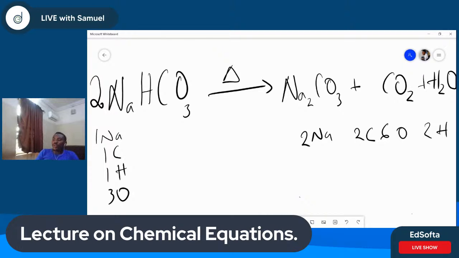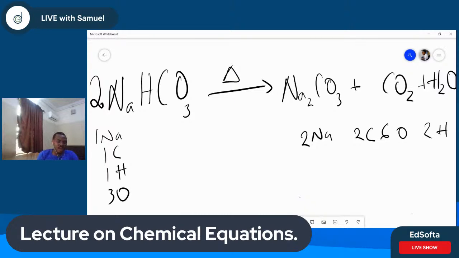So you knowing the formulas, you knowing the symbols of these elements and these compounds, cannot be overemphasized. Why? Because you need to know them to be able to fathom the reaction.